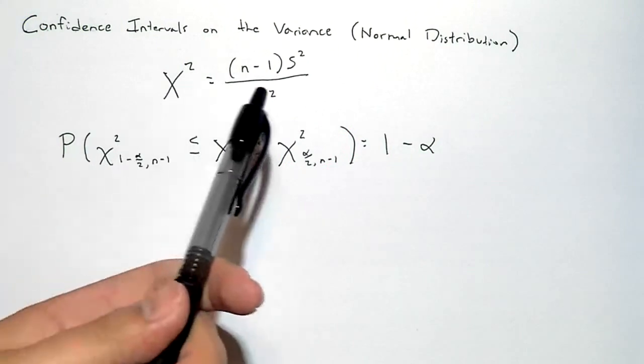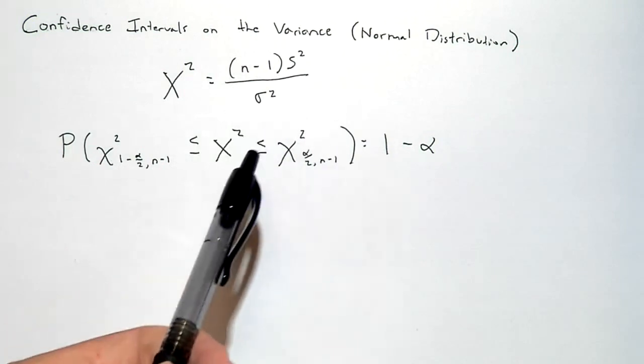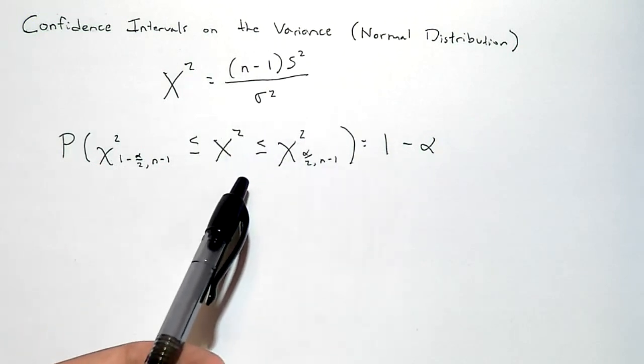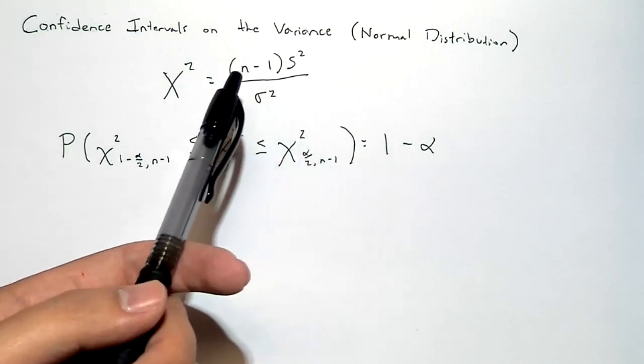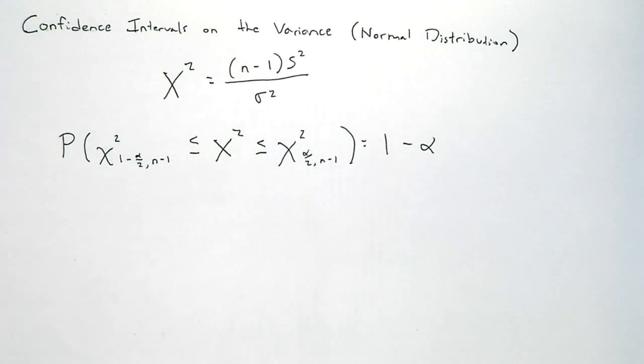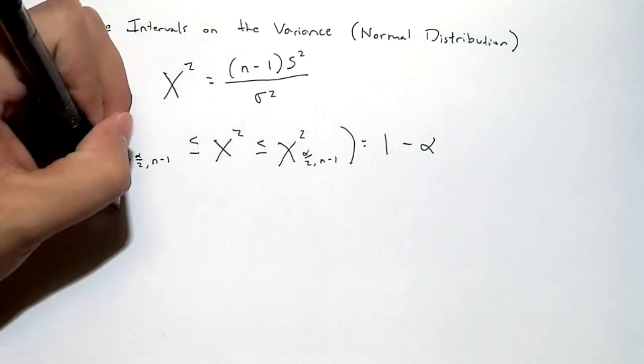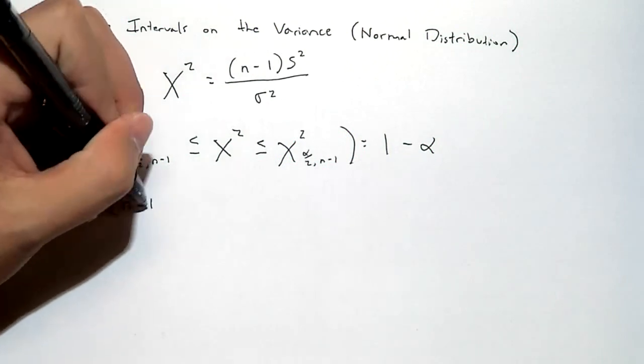All right, so let's see what we have. If I have this definition of my chi-square random variable, I plug it into here, and then I solve for my variance, sigma squared, I get that a 1 minus alpha confidence interval for sigma squared is the following.